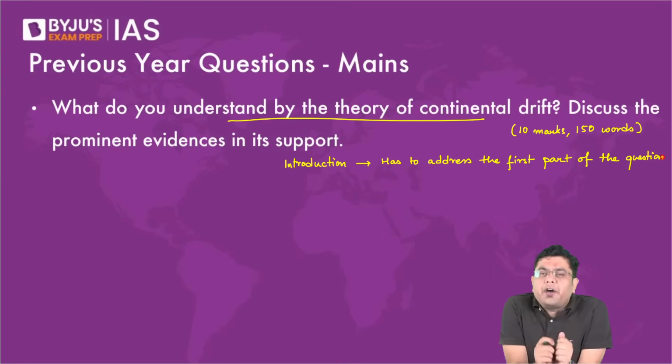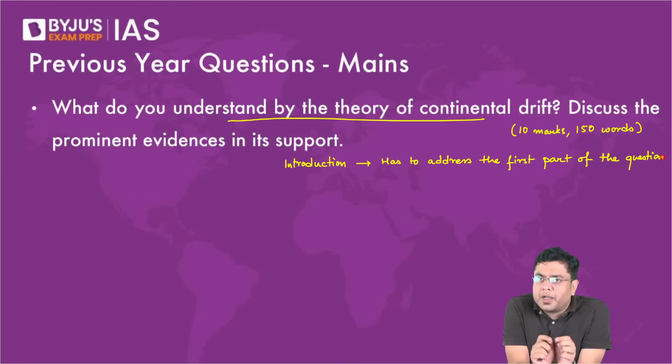And then after that, you can write again in the portion of the introduction itself that Wegener postulated this theory based upon a set of evidences that he came across. Now, that is your introduction for a 10 marker question. For a 15 marker question, your introduction can go up till 25 to 30 words, sometimes even 35 words.